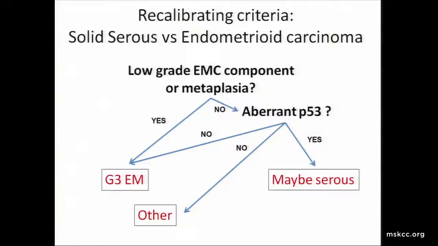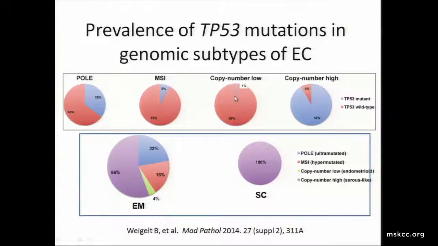But since the publication of the TCGA data, which I'm going to go through in a little bit more detail in just a moment, we now know that there is a small but important percentage of non-serous carcinomas that do have P53 mutation. And this gives you an idea of the distribution of TP53 mutations in a cohort that is composed of endometrioid and serous carcinomas.